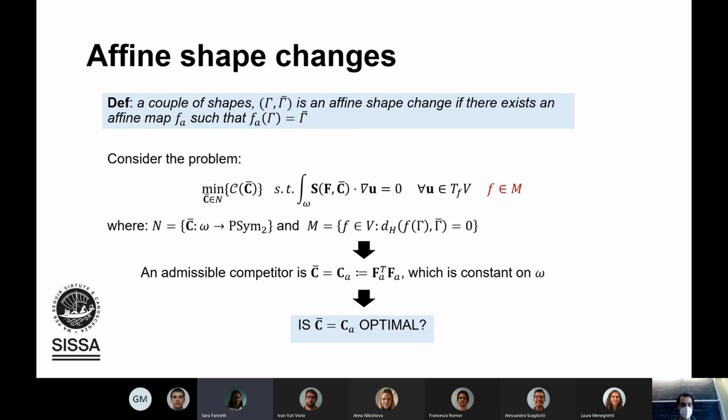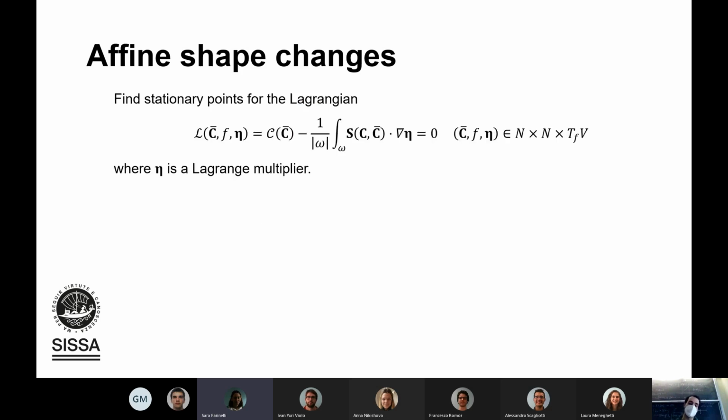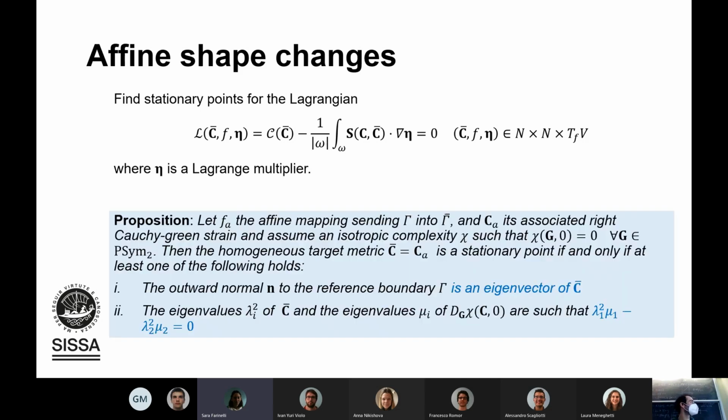Okay, in order to answer that, we define this Lagrangian. So we take the complexity function C and use a Lagrange multiplier to impose the constraint of mechanical equilibrium and find the stationary points. And after some calculations, one finds a conclusion which is summarized in this proposition.